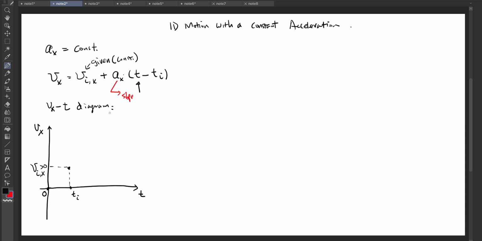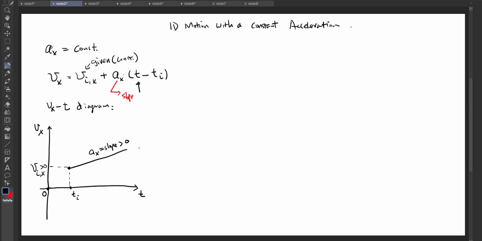We know it's linear, so it's a straight line. If the slope here is positive, then I should have a line that goes like this because the slope ax is positive, right?